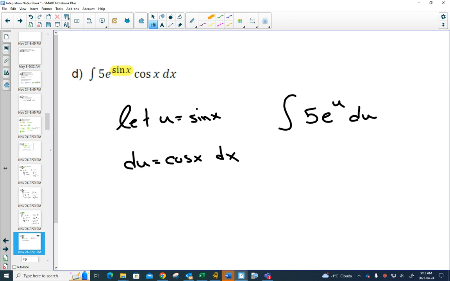And when I substitute, I get 5e to the u du. The derivative of e to the u is e to the u, so the integral of e to the u is e to the u. Substitute back.